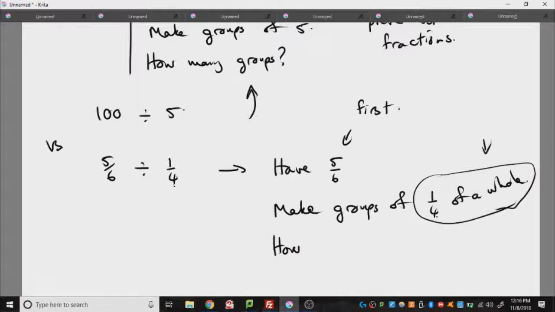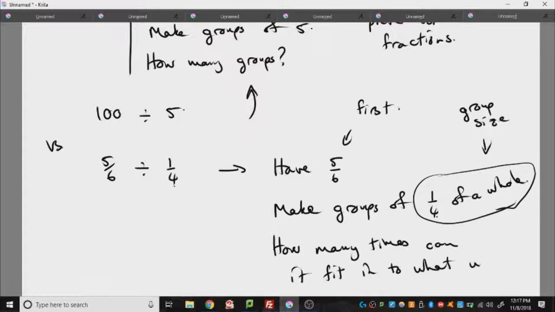This is the group size. And I want to refer to group size and all those things. How many, I'm going to go with times. How many times can I fit it in? Can it fit into what we have?